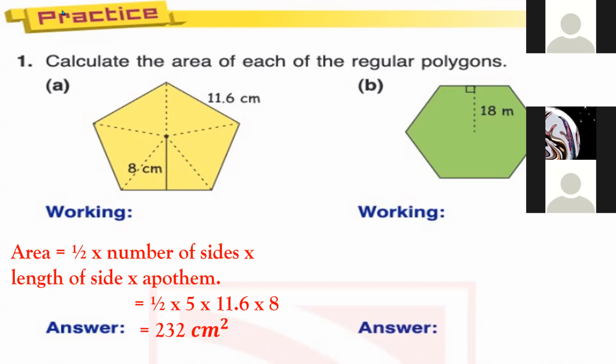Let's go. And 1 over 2 times 6, times 24. Okay. And times 18. Very good.